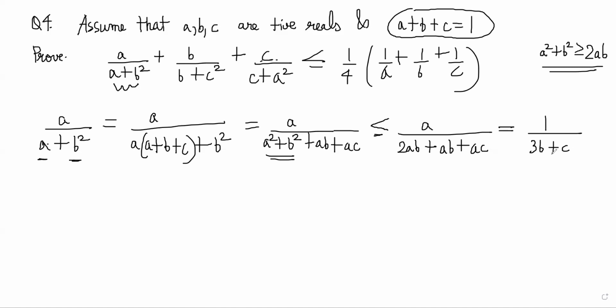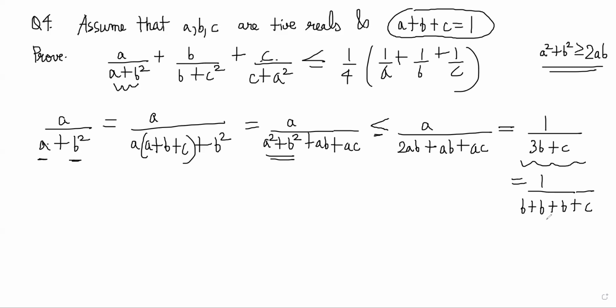So what we can see here is, we can try and get an alternative fact here. We can say that this is 1 by (B plus B plus B plus C), right?